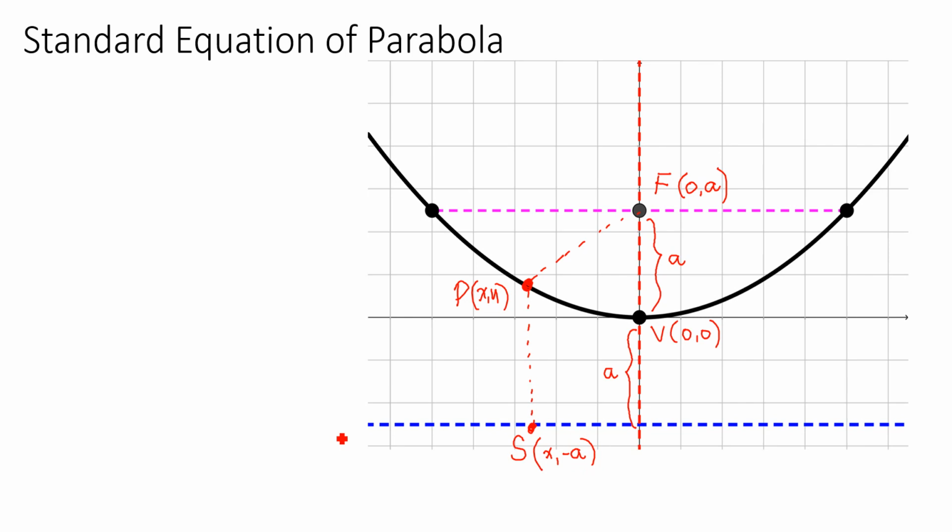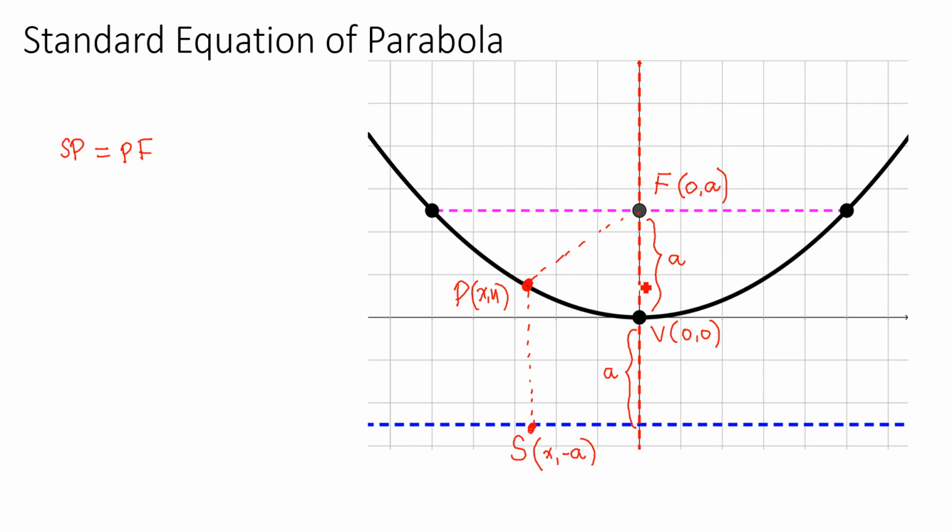With this information, by definition, the line segment SP is equal to the line segment PF. These two line segments are equal because the eccentricity is equal to 1. Now, the distance SP, from the vertex going to this point, is equal to A, and from here going to that one is y.